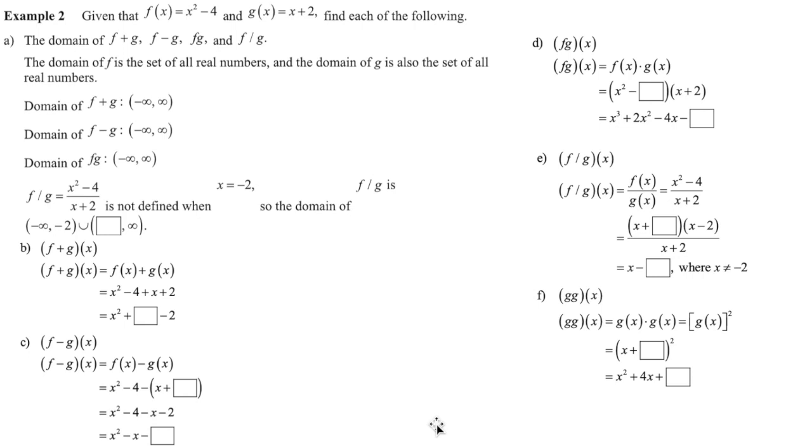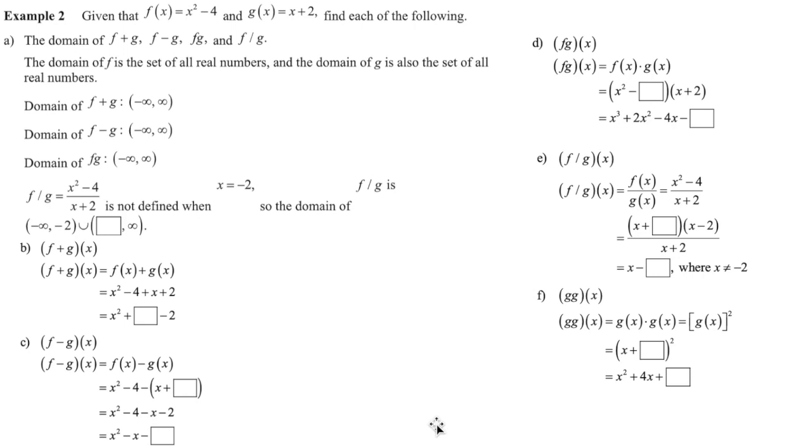We know that the domain of our x squared minus 4 equation is all real numbers because it's a quadratic. So it's going to move left and to the right for all real numbers. The same is true for our linear function x plus 2. So then the domain when we add them together will still be negative infinity to positive infinity. Similarly, when we subtract, it will still be negative infinity to positive infinity, as well as f times g.